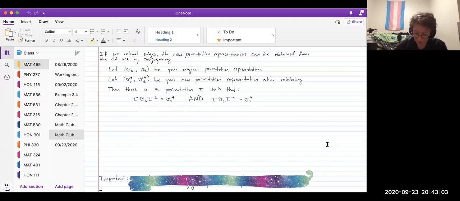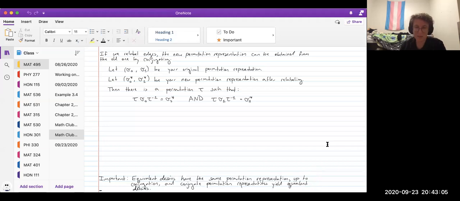A very important note is that equivalent dessins have the same permutation representation up to conjugation.